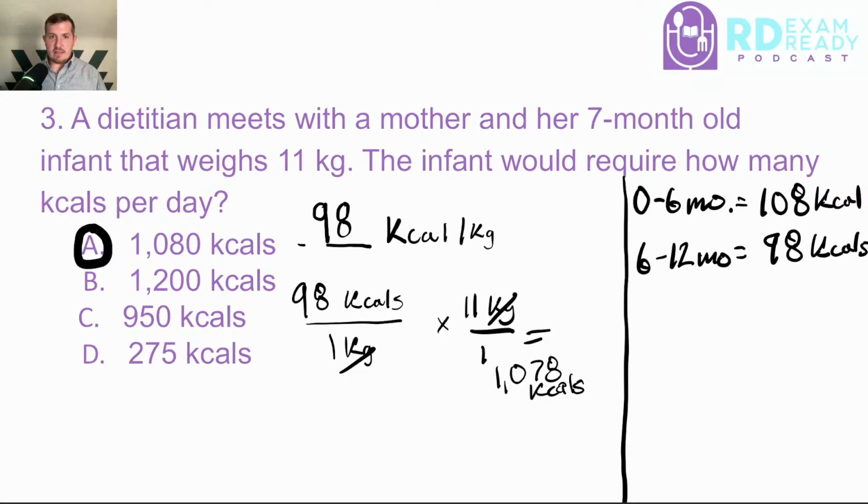So what you can see within these numbers is we're seeing consistencies of 108, 98. So just a difference of 10 calories over that period of time. Not very much, right? They're increasing in weight very rapidly. They do need calories, but it's not like it takes a big spike. Then for some reason, whenever they're 12 months and up, that's when it's going to go ahead and jump back up.